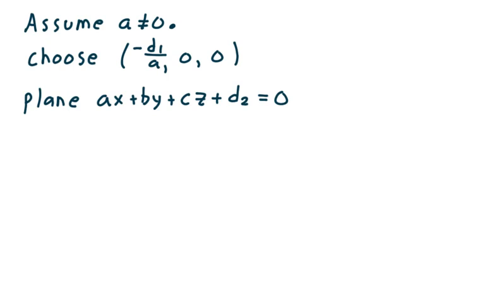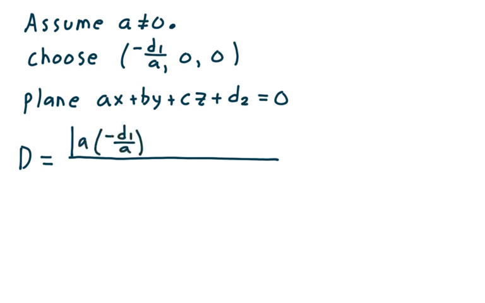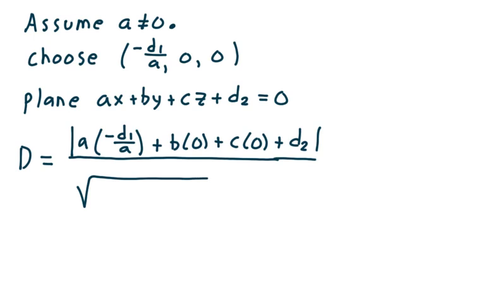And again, not much going on because it's going to be the same idea. My D is the following. I'm going to get the absolute value of A times negative D1 over A plus B times 0 plus C times 0 plus D2, all divided by the square root of A squared plus B squared plus C squared.